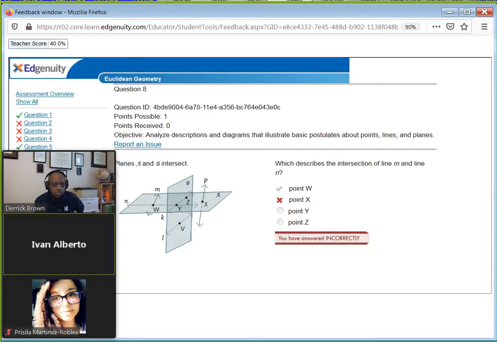And I saw that they both intersected at that one point, so I chose that point. Oh, I thought I chose W. Oh, okay. I think I just saw that wrong then.